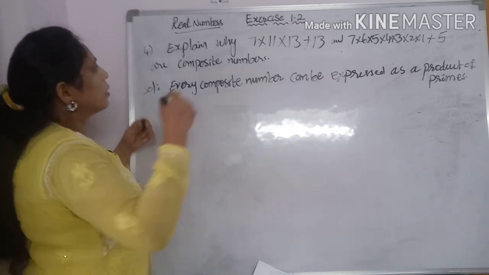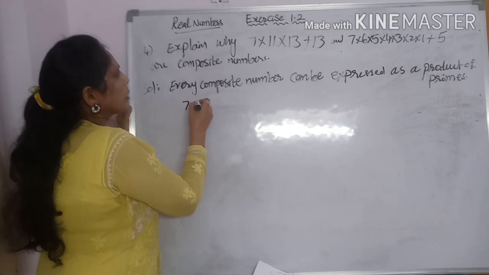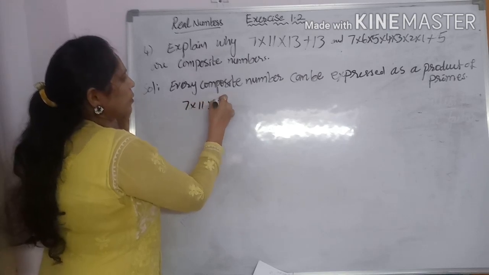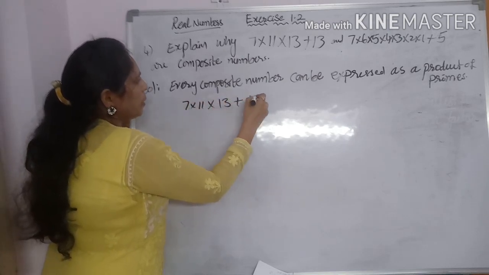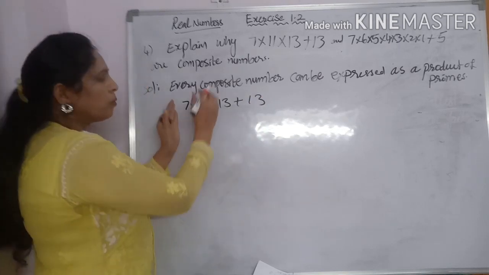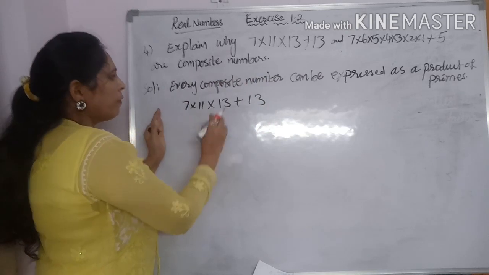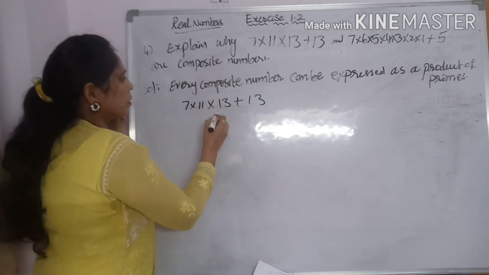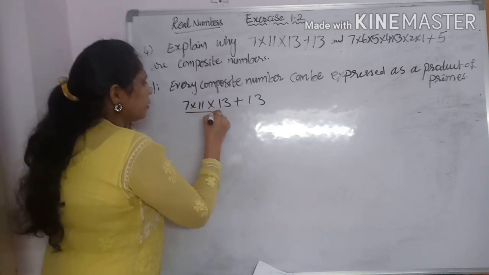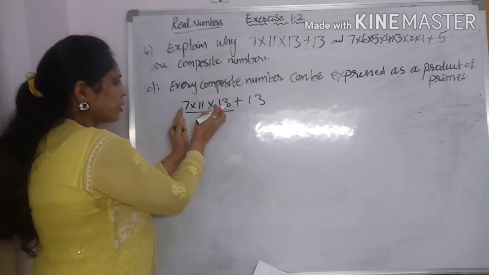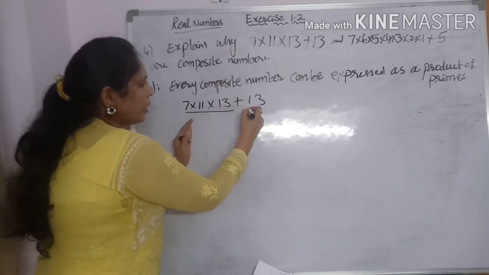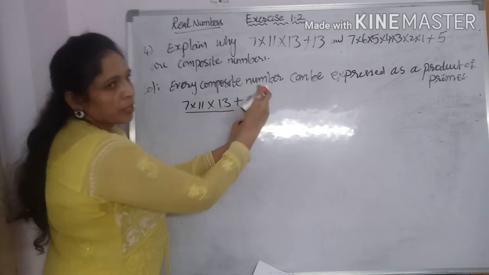Here, let me take 7 into 11 into 13 plus 13. In these, two terms are there. The whole product divides into two terms, one term and another term, which is this 13.